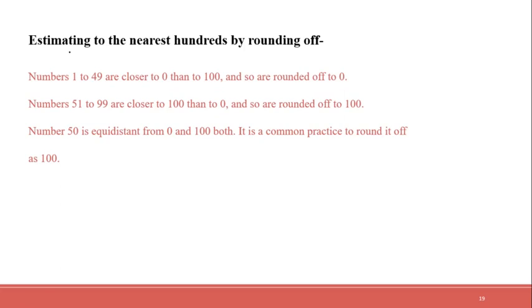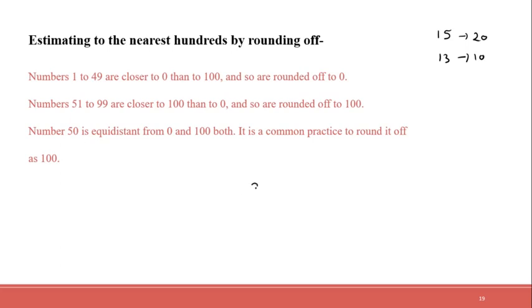Now let's move to this, estimating to the nearest hundreds by rounding off. Previously, we were just looking for tens. That means 15 was rounding off to 20, 13 was rounding off to 10, but now we will talk about 100.